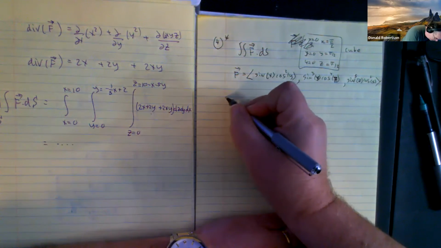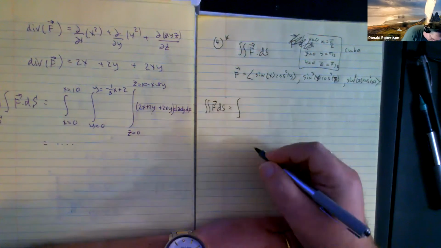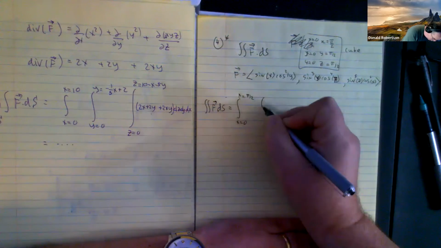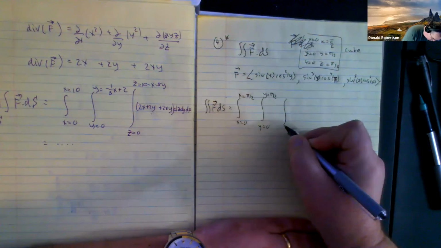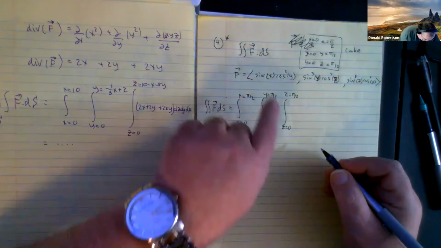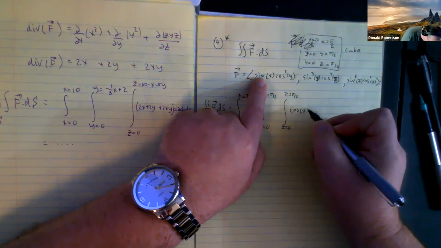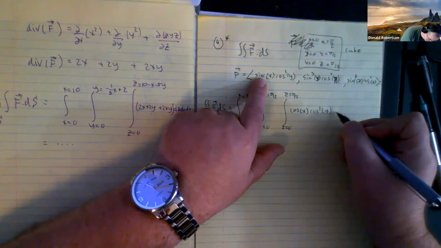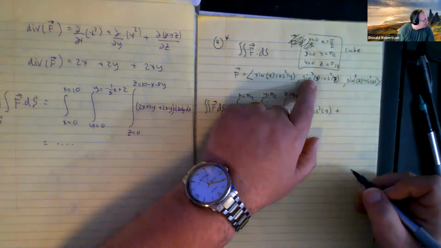So our guy is going to be the integral from, for no particular reason, since they are all numbers, I'm just going to do x, I'm going to do y, then I'm going to do z. If you differentiate this guy with respect to x, you're going to get a cosine x cosine squared y. Plus, if you differentiate this guy, let's double check.